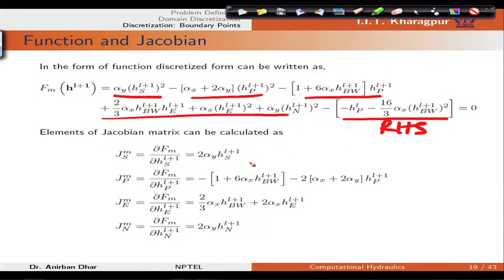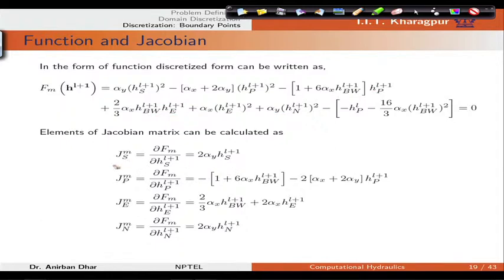Now, we have this derivative H_S, which is corresponding to this one, then we have H_P or J_P. J_P is minus 2 alpha x plus 2 alpha y.